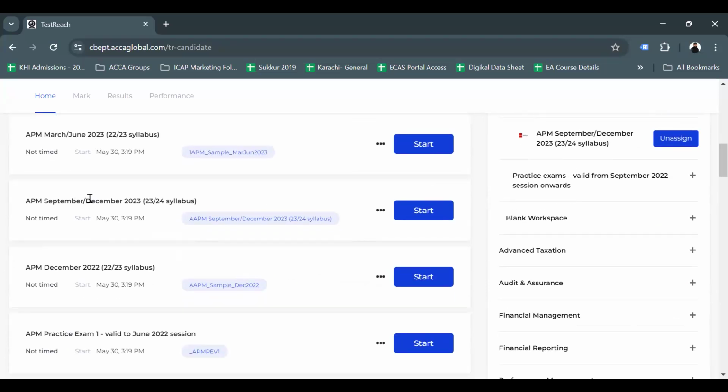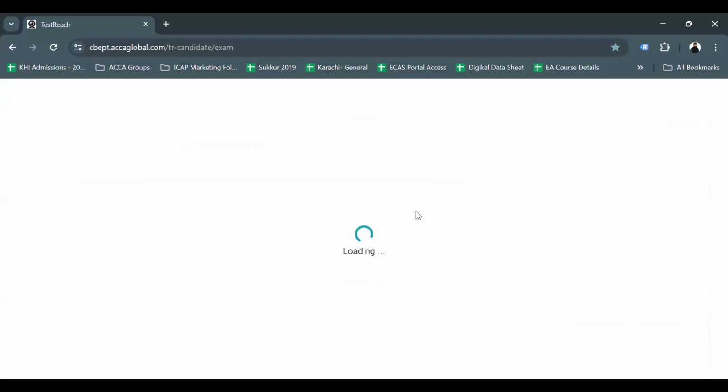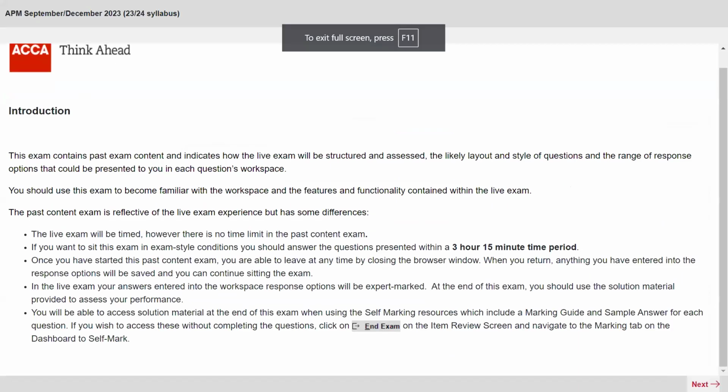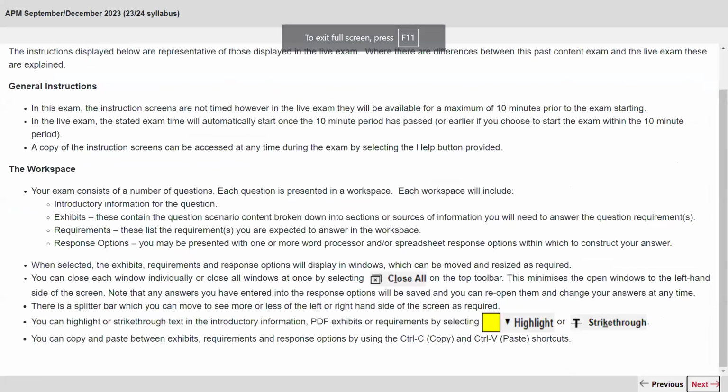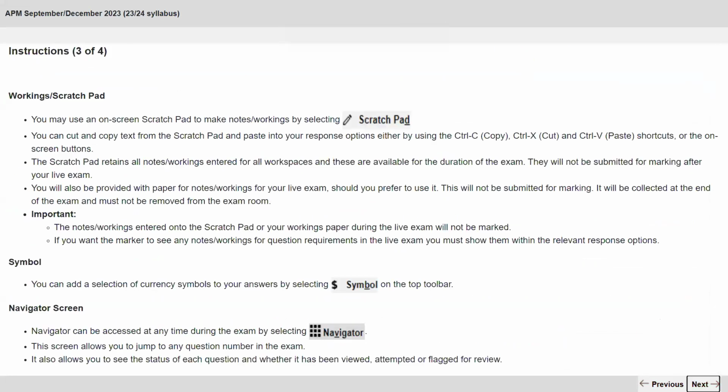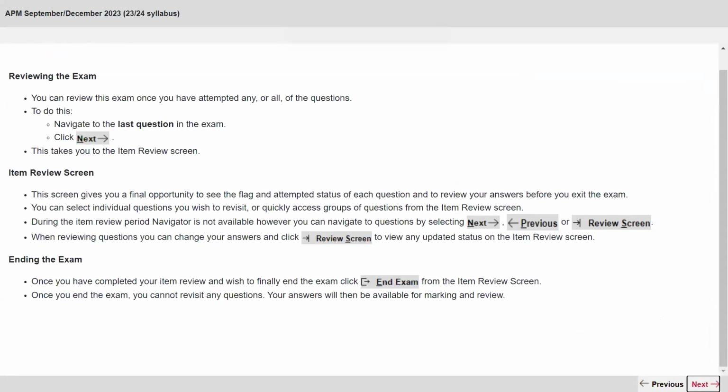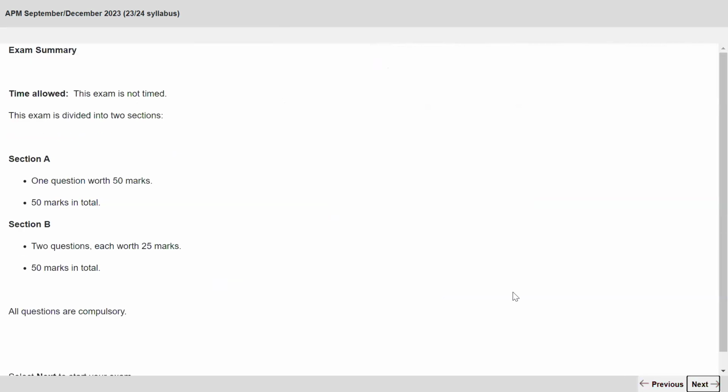Okay, so we have got APM December 2023. So I'm going to start off with this APM December 2023. I've just switched to the full screen, and what I will now be doing is going through this APM December 2023 paper.